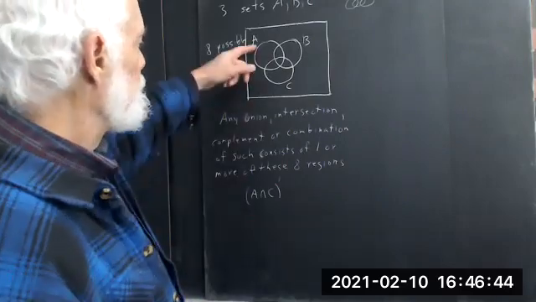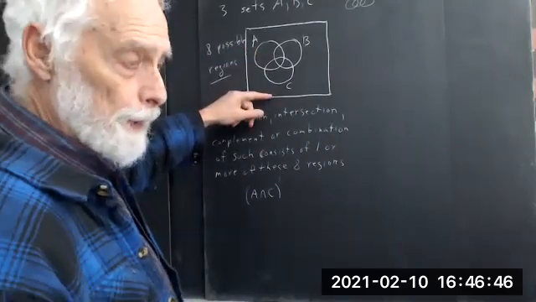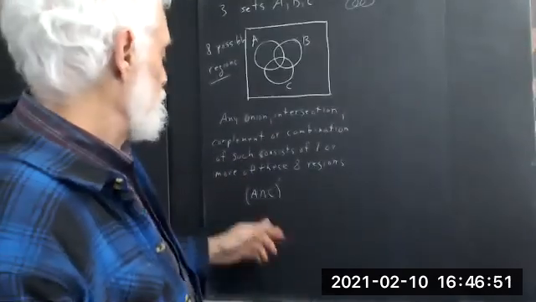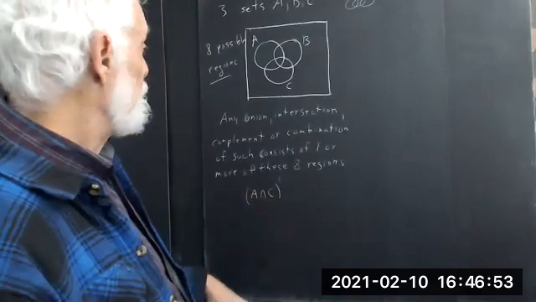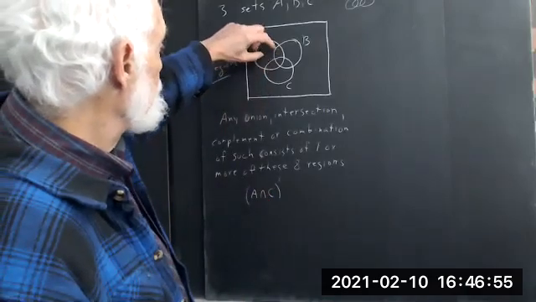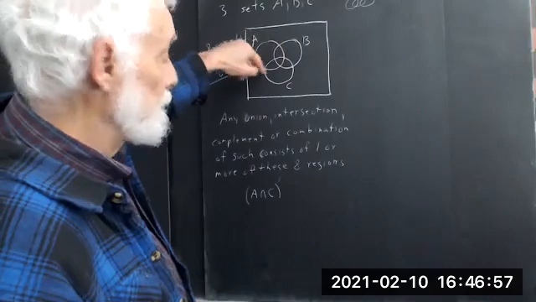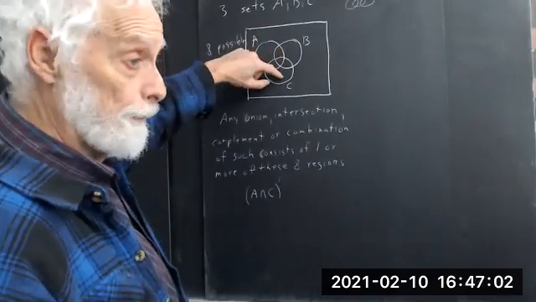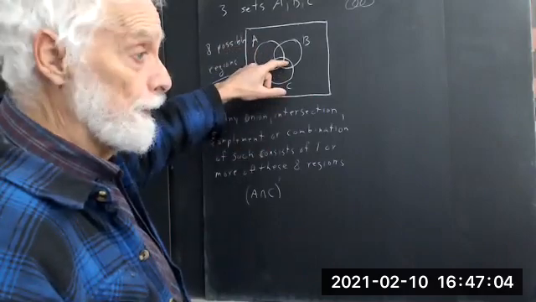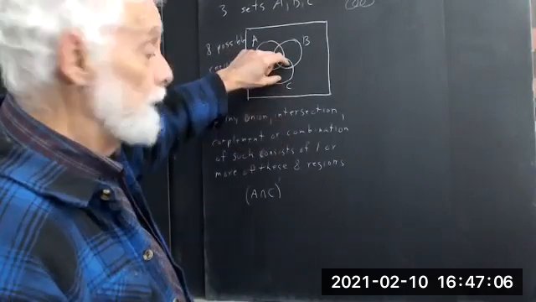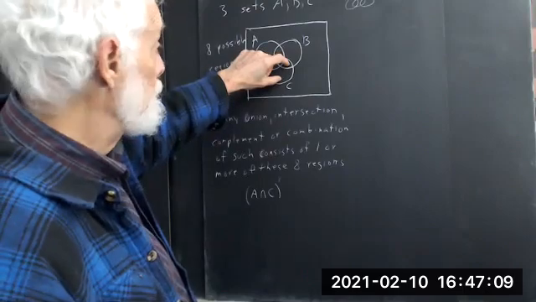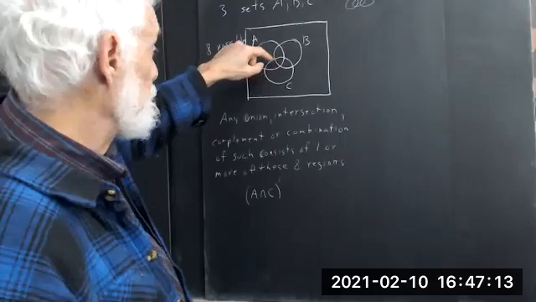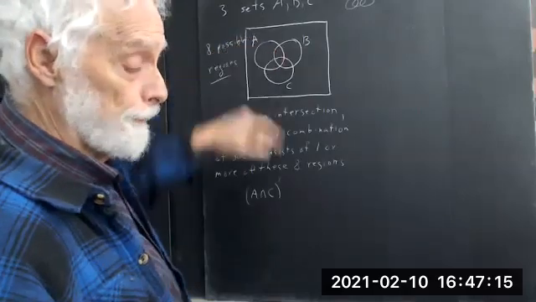Now, A intersection C is where A overlaps C, because A intersection C is the set of all elements that are in A as well as in C. So elements in this part of A, in this region or this region, can't be in the intersection because they are in C. And this region and this region are part of C, but they're not part of A, so they're not included. What is included in A intersection C is this region and this region.